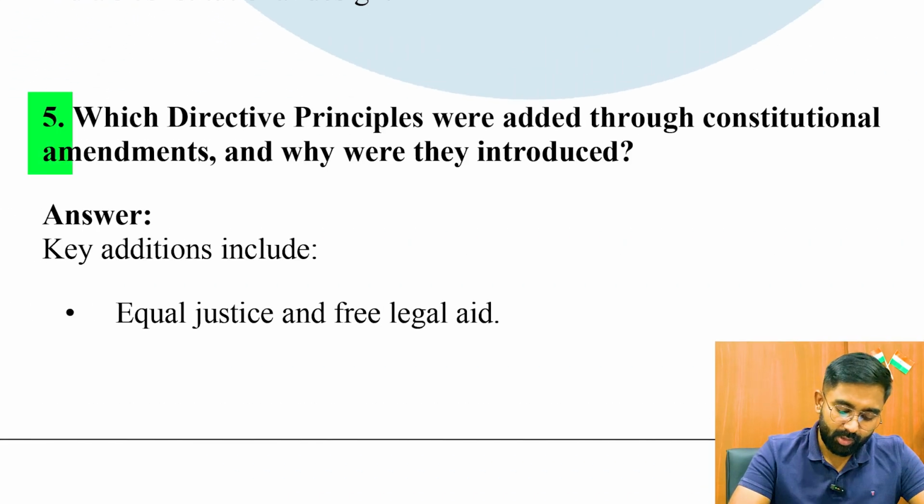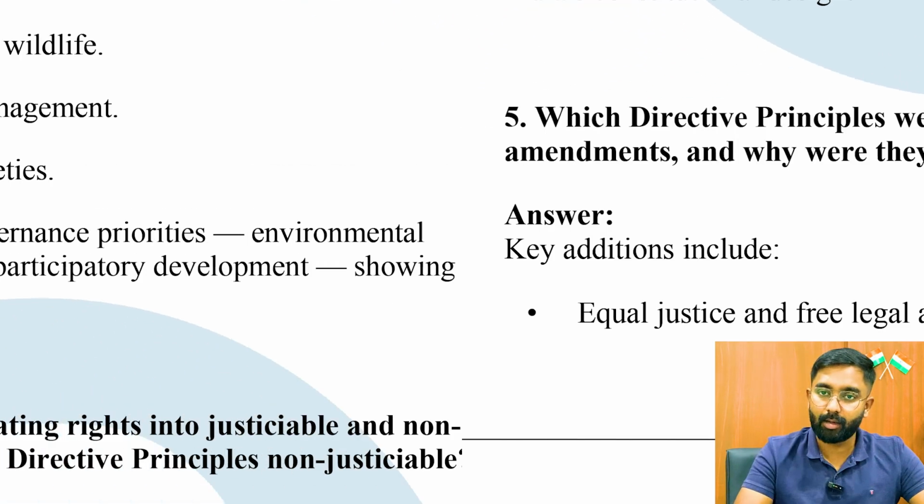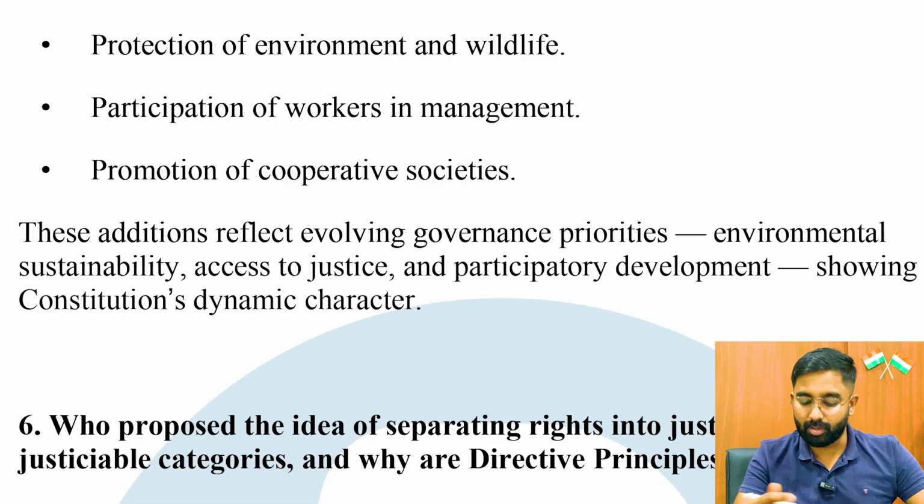Next is, which directive principles were added through constitutional amendments and why were they introduced? So we have equal justice and free legal aid, which is part of Article 39, which was added by the 42nd Constitutional Amendment Act. We have protection of environment and wildlife, which is Article 48 of the Indian Constitution, and also was added by the 42nd Constitutional Amendment Act.